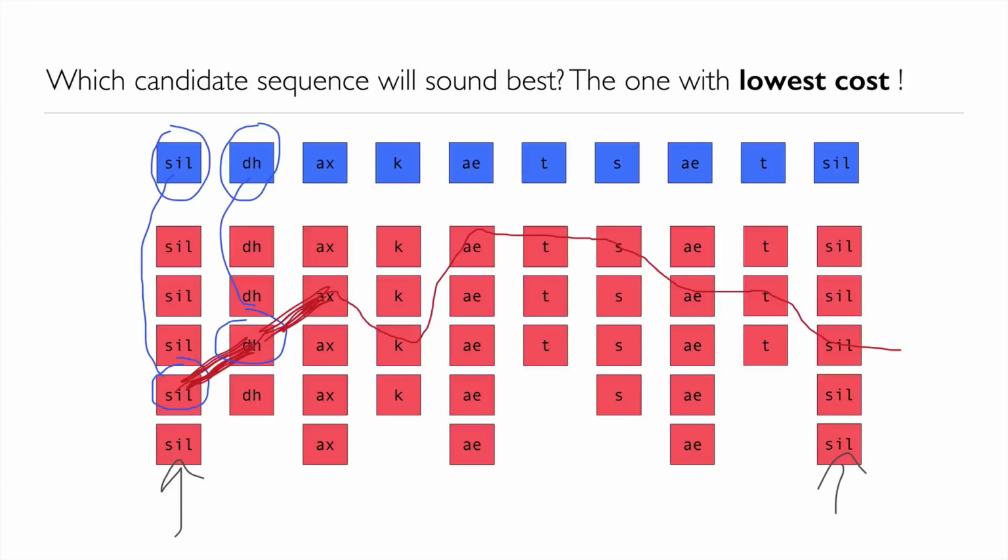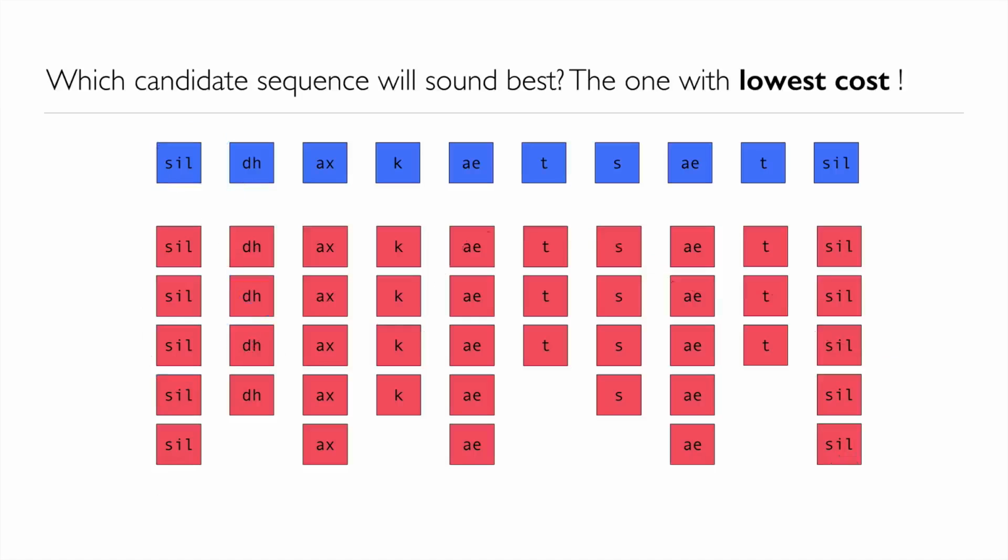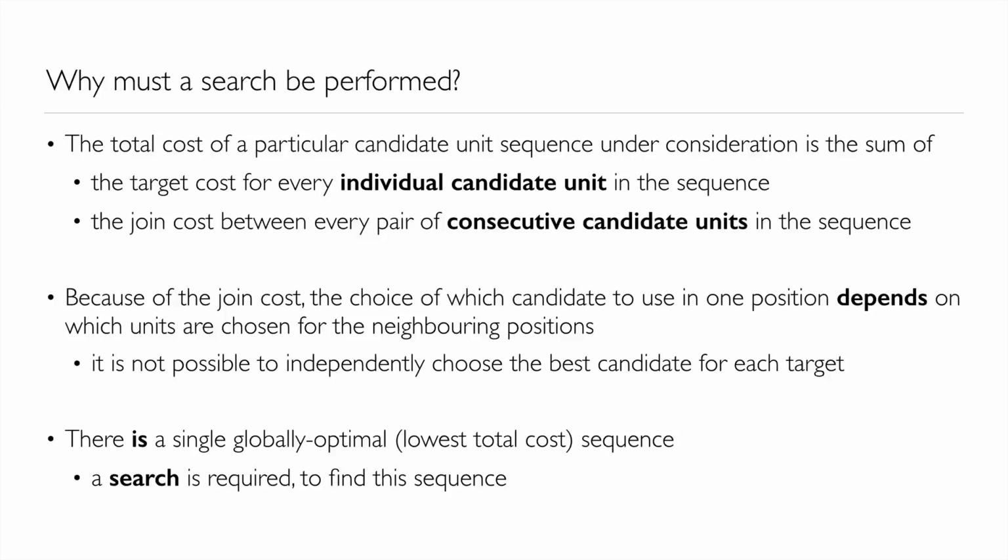We could have drawn that path going from right to left. So there's a definition of the best path. It's simply the one with the lowest total cost, which is a sum of local costs. And we've understood now that this domino effect, that one choice anywhere in the search has an effect potentially on all of the other units that are chosen to go with it because of the join cost.